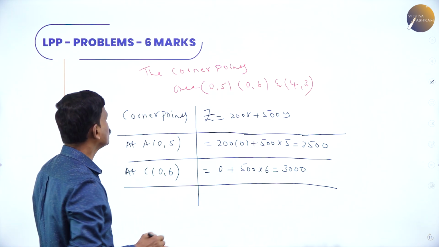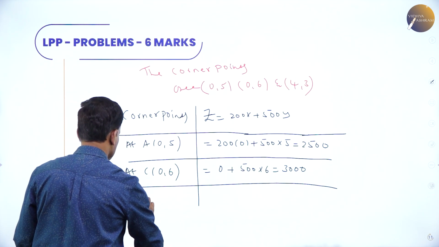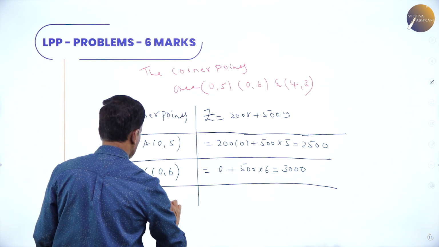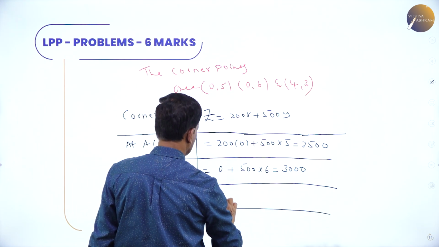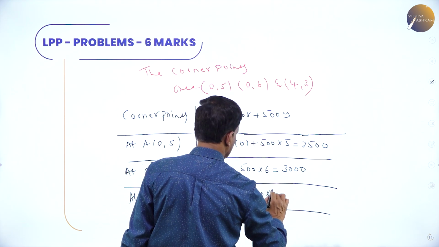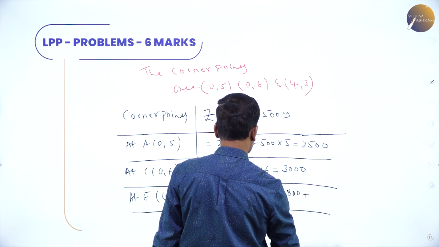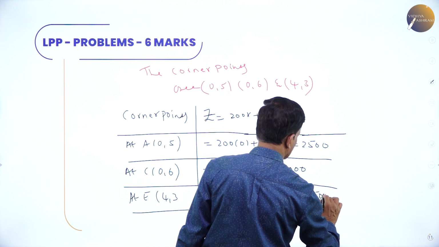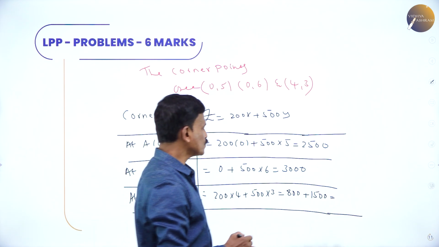Again, for the last point E, 4 comma 3, we get 200 into 4 plus 500 into 3. 2 4s are 8, 800, plus 5 3s are 15, so 1500 plus 800 is 2300.